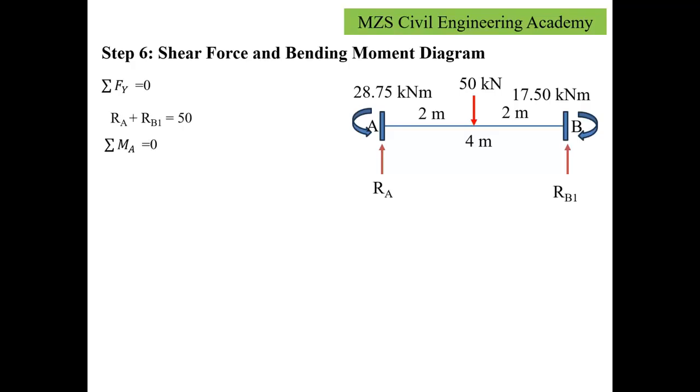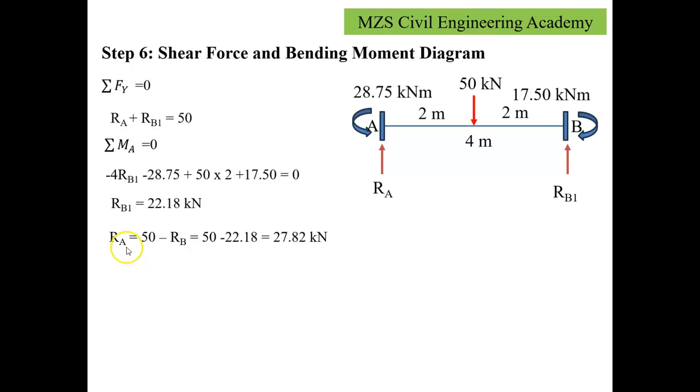Now, if I apply summation of forces with reference to the vertical axis, we get the relation RA plus RB1 equals 50. Summation of moment about the end A: it will be the moment caused by all the loadings over the span towards the point A. So RB into 4 will have anti-clockwise rotation, that's why minus 4 RB1, minus 28.75, the anti-clockwise moment at the end A, plus 50 into 2, the clockwise twist caused by this applied force, plus 17.5, the moment which we have received at the end B. After doing this, we get RB1 equals 22.18.